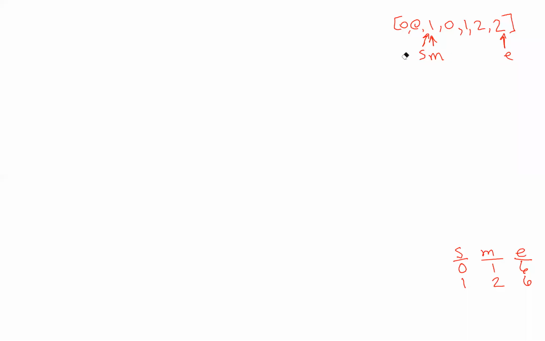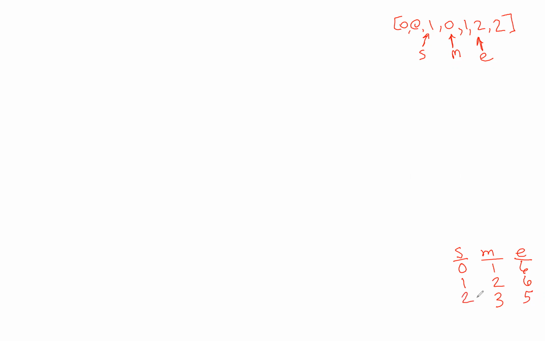We also look at whether E is equal to 2, which it is, so we need to decrement it. Then we look at M: is M equal to 1? It is, so we increase that. Now M is at 3, E is at 5, and S is at 2.